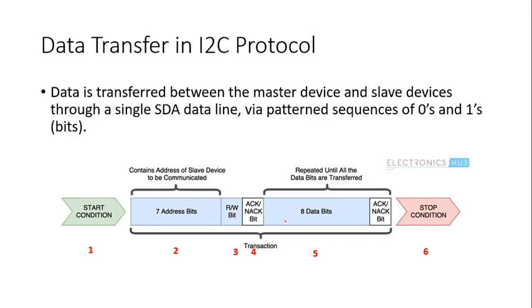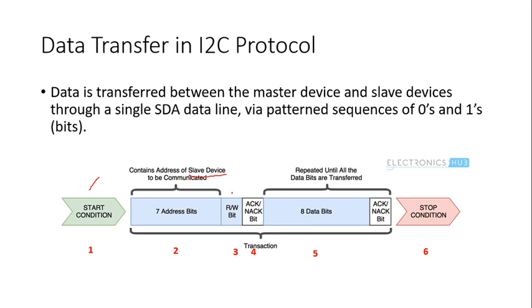I will read the total sequence and then explain all the parts one by one. The first part in the data transfer is the start condition. The second part is the 7-bit address, which contains the address of the slave device.